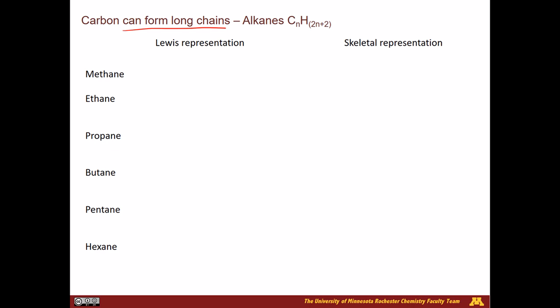So in the previous videos, we were doing the Lewis representation of simple molecules, in this case for methane. Methane means one carbon. Just for the record, you will have to memorize this. Methane is one carbon, ethane means two carbons, propane means three carbons, butane means four, pentane means five, and hexane means six.